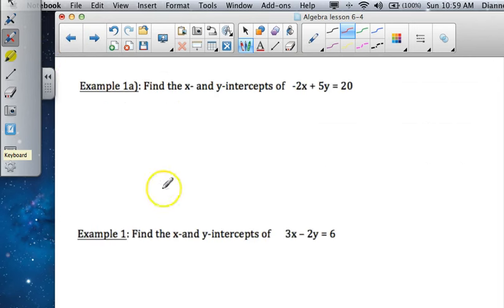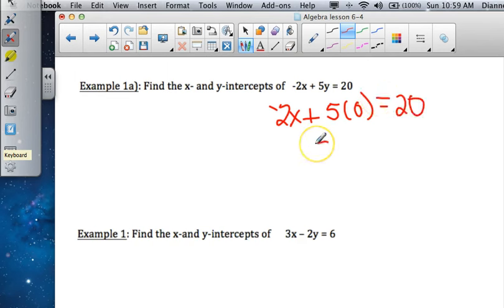So let's find example 1. Find the x and y intercepts of negative 2x plus 5y equals 20. Well, let's find the x-intercept first. What did we say was the y value when the line crossed the x-axis? And that answer is 0.